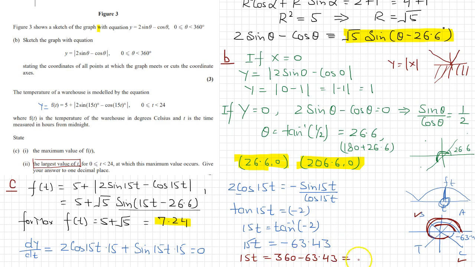Divided by 15, so t will be 296.57 divided by 15. So t will be 19.77. To one decimal place, 19.8. So that is the value of t.